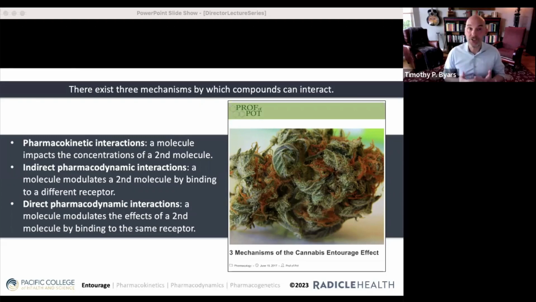If we potentiate an enzyme, that means we're making the enzyme work more effectively. There's more of it. So whatever drug it's metabolizing, there will be less of that drug in the bloodstream. So a patient can feel like they haven't taken enough. They're not getting their standard dose, and it's not working as well. All right.